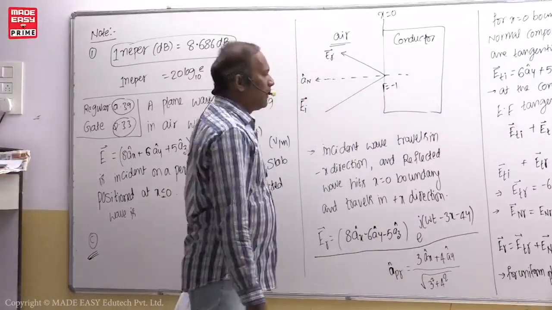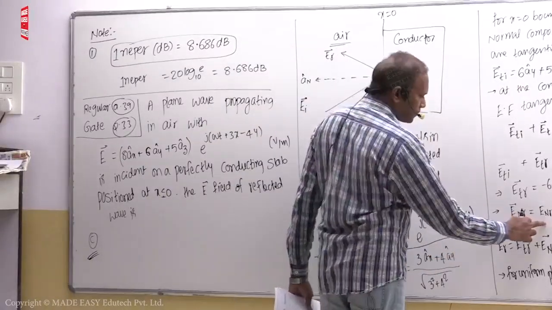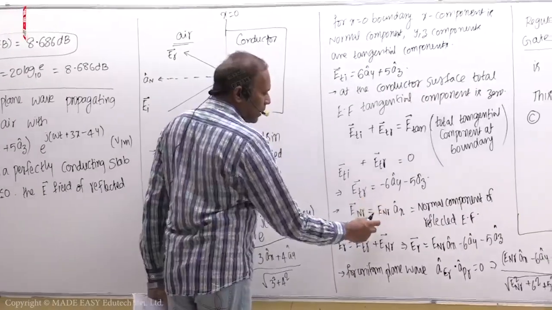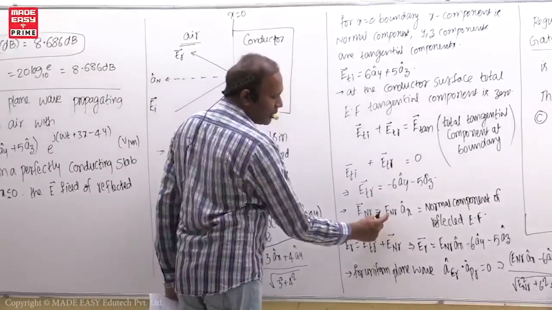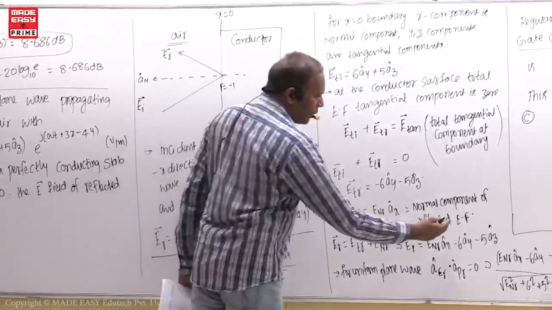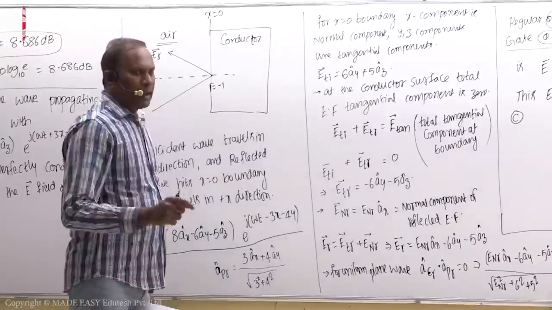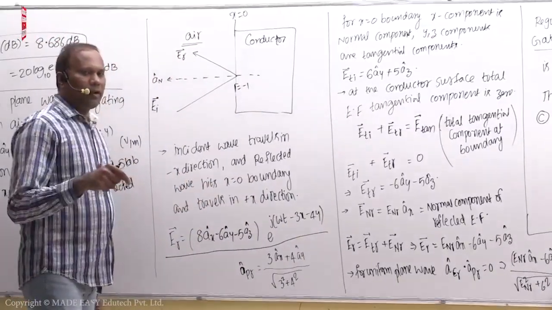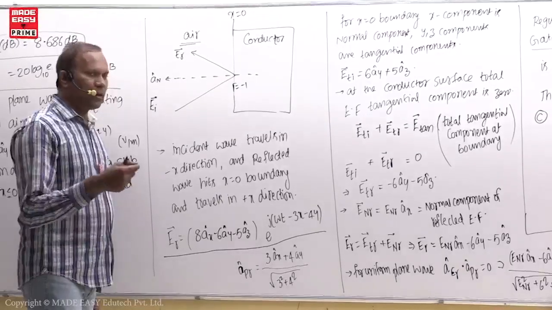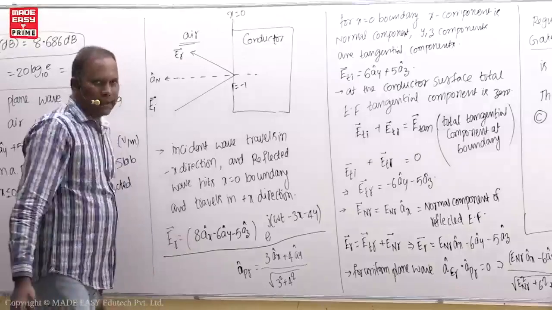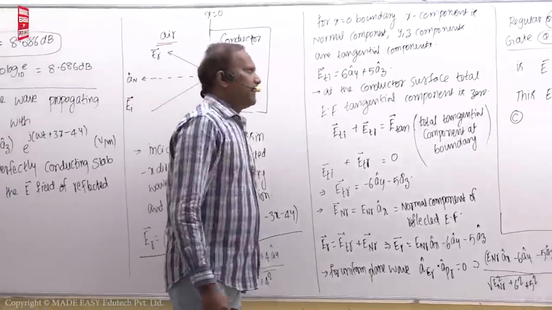Then you do not know the normal component value, so you give some name to that normal electric field for the reflected wave. Then you know that for a uniform plane wave, the unit vector in the power flow direction dot product with the unit vector in the electric field direction gives 0. From that you will calculate that one. Ultimately you have to put that here. So this is the procedure, right?